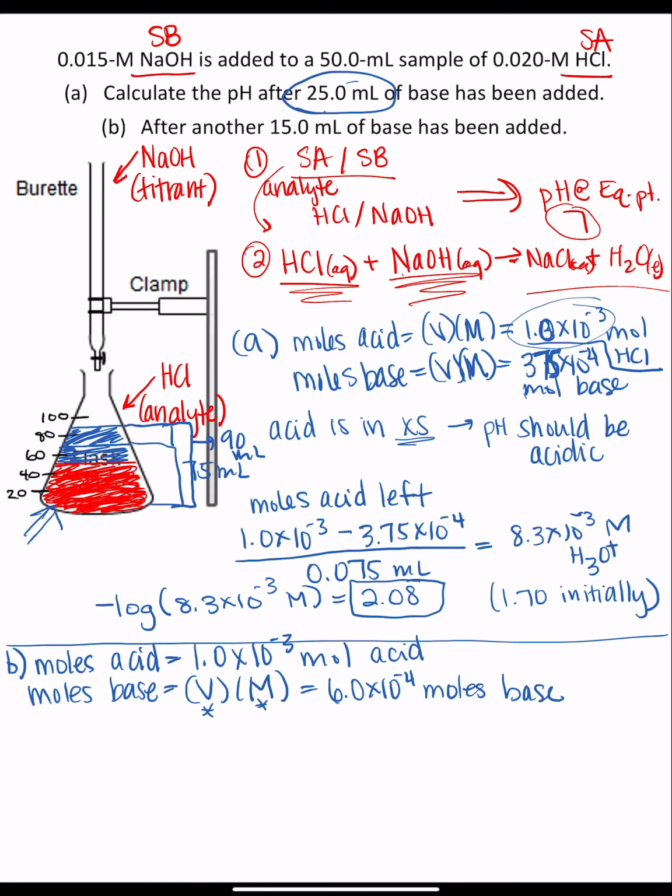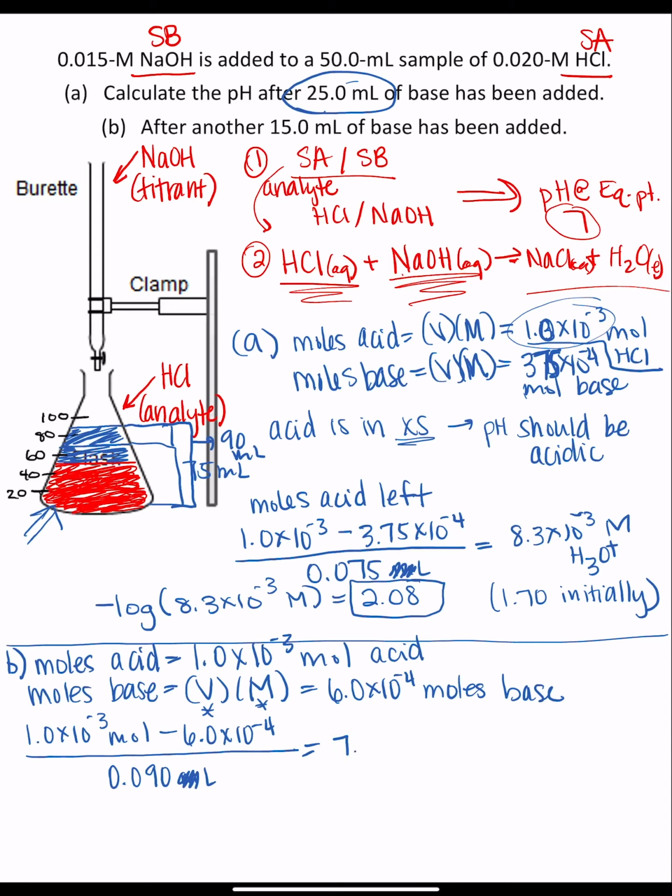To get the pH, we do the same thing though. We take the moles of acid we had initially, 1.0 times 10 to the minus 3, and we take the moles of acid that would have reacted, which happens to be the same amount as the moles of base that we added, and we divide that by the total volume. That's not milliliters either, in liters.